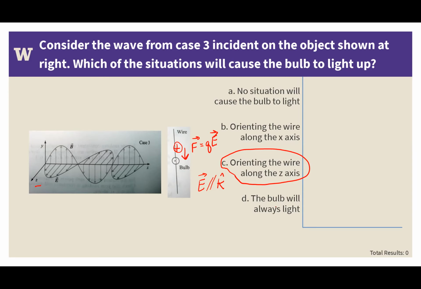So if I have just a wire that's not hooked up in any sort of circuit, and I line it up with the electric field, in this case along the Z-axis, there will be an alternating electric field parallel to the wire, which would result in a force on charges in the wire that would move charges up or down inside the wire. So I could get a light bulb to light up by wiggling charges up and down on this wire.